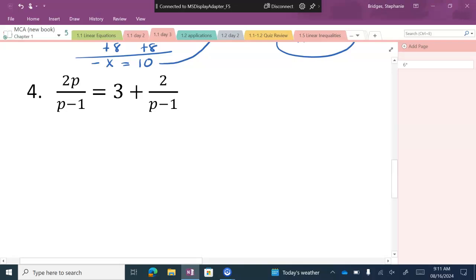The issue with these questions like this is we get like, oh, I got an answer, I'm good, I'm done. You've got to think about it when the variable's in the denominator. You have to think about that answer.